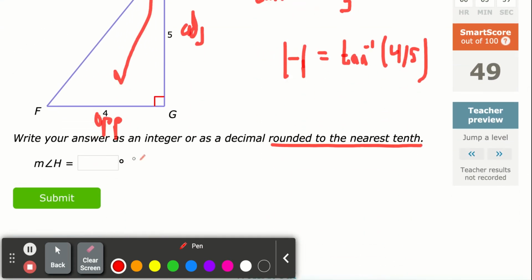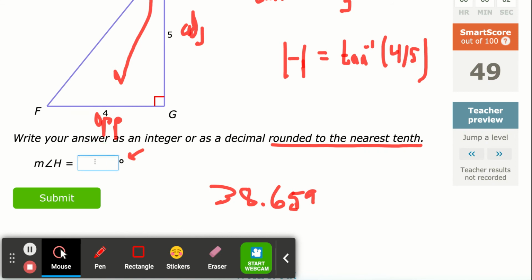Oh, right here it has a degree symbol. So my calculator's in degree mode. I'm going to hit shift or second, inverse tangent of 4 divided by 5, and I get 38.659, and it says round to the nearest tenth, so it's 38.7.